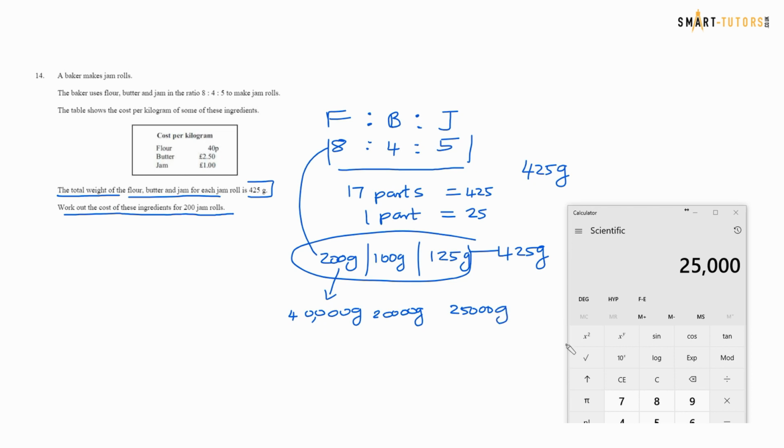So finally we found flour I need is 40 kilograms. So 40 kilograms of flour, and butter I need 20 kilograms, and jam is 25 kilograms.